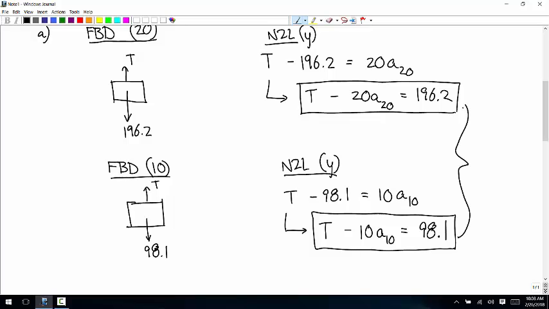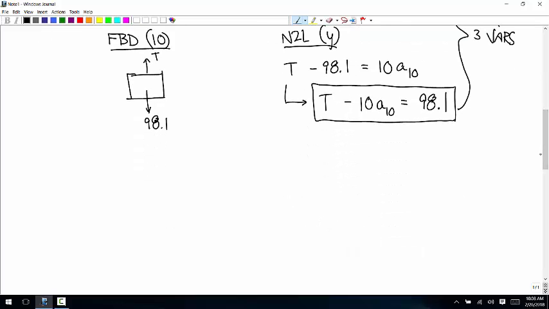Okay, so here we have two equations for three variables, which means we need a third equation that relates these things. We need another equation without adding any new variables. And so that constraint equation comes from the geometry.